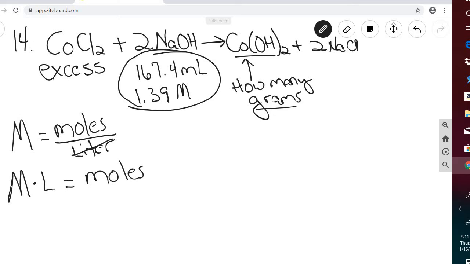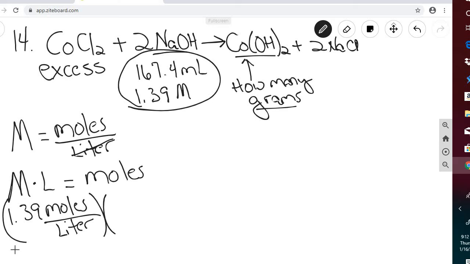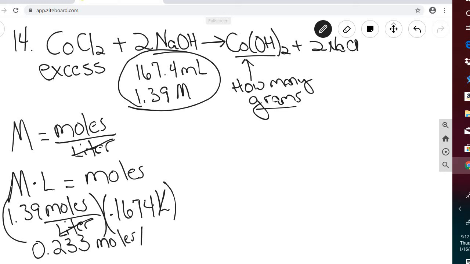The molarity was 1.39 moles per liter times the number of liters, 167.4 milliliters is 0.1674 liters. Liters are going to cancel, and you'll be left with number of moles. With three significant figures, you will get 0.233 moles of sodium hydroxide.